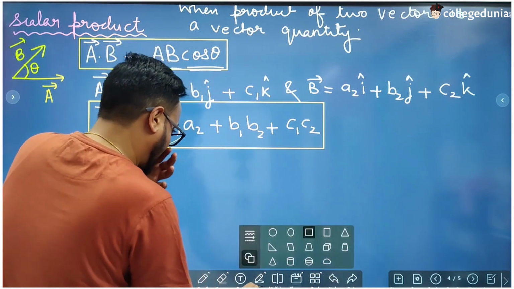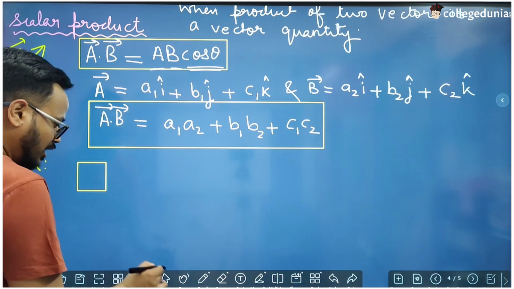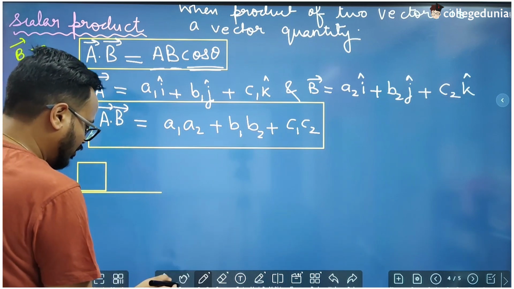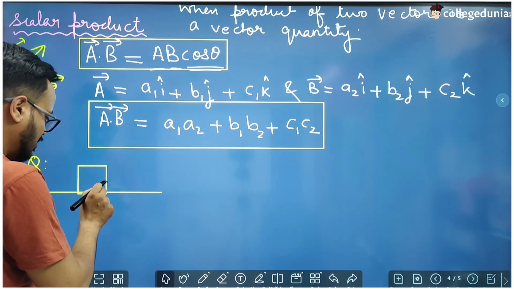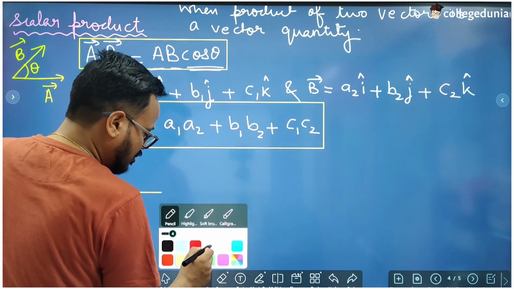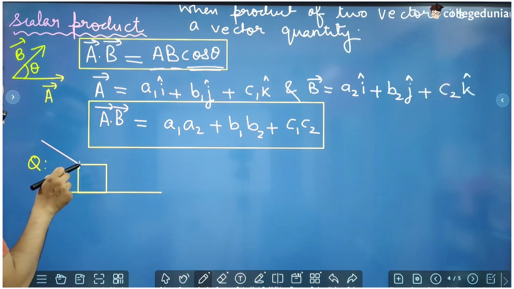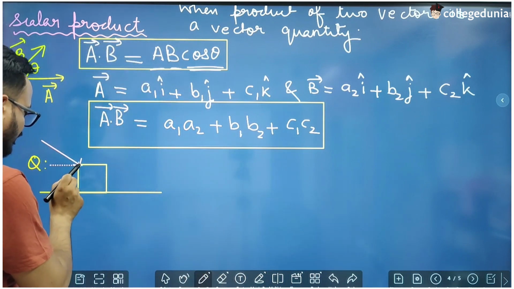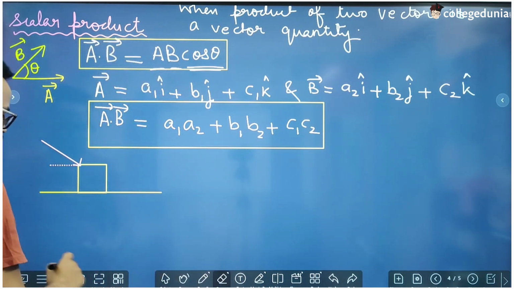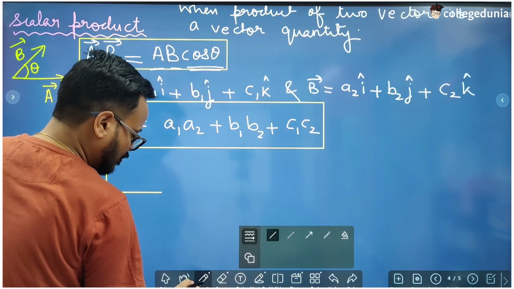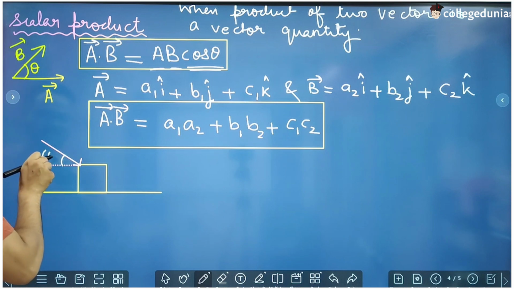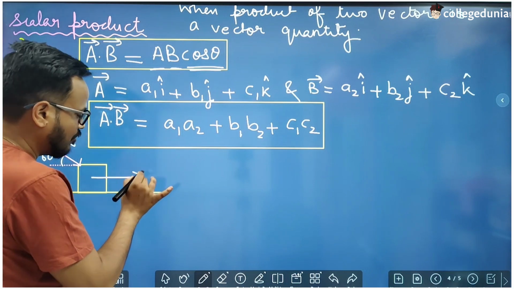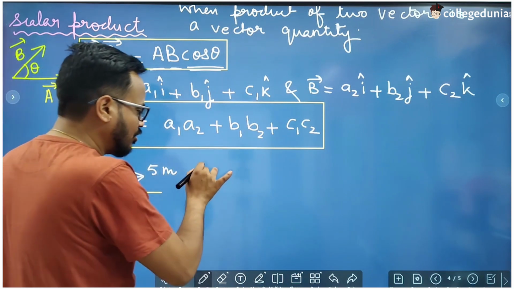Suppose this is a block and this block is kept on a horizontal surface, and a force of, let us say, 10 Newton is applied at an angle of 60 degrees, and the block moves through 5 meters due to the application of this force.